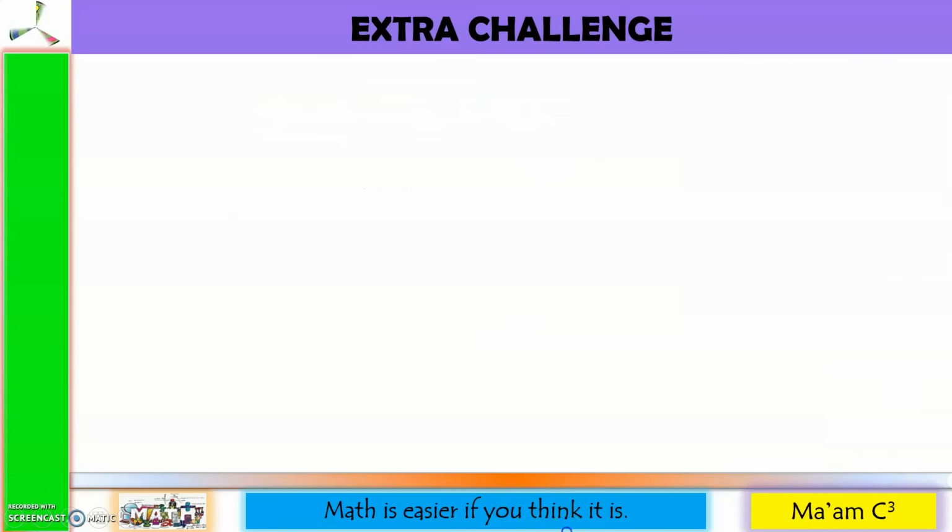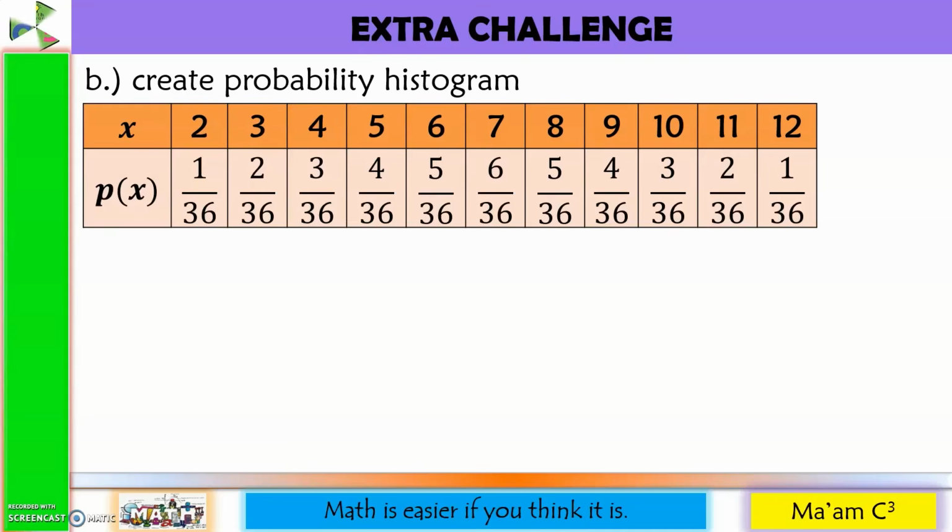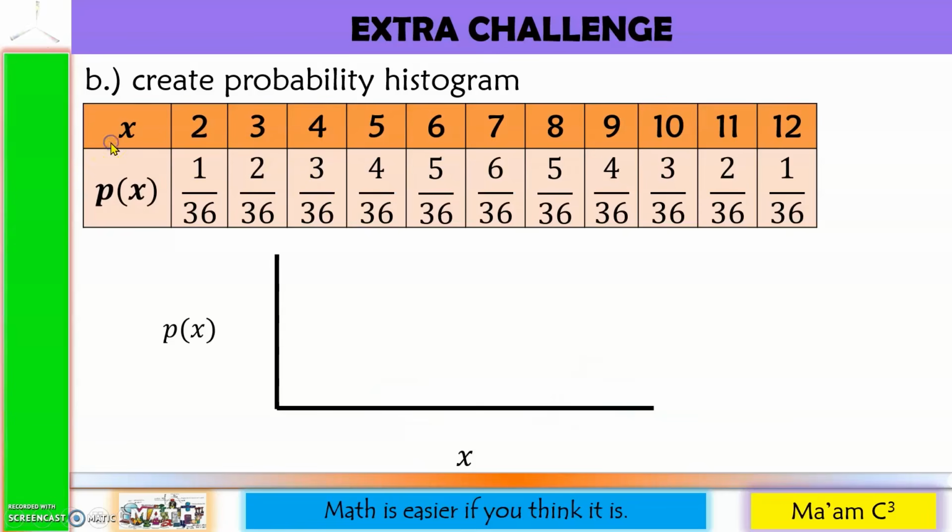Let us have letter B. Create a probability histogram. Once again, here is our probability distribution. Let's draw the y-axis, followed by the x-axis. Label the y-axis as P of x and our x-axis as x.